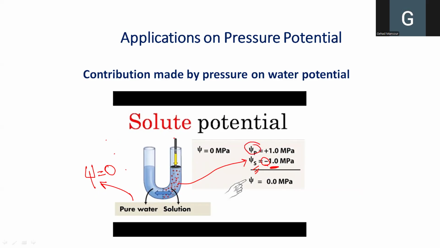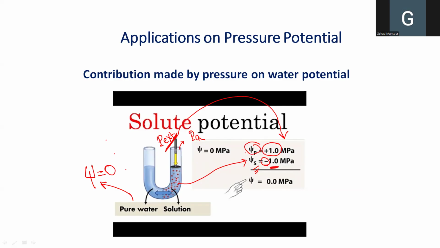The pressure potential is supposed to be 0 because the container is open to atmospheric pressure. But actually, why is it positive and not 0? Because although the test tube is open, we are applying external pressure to the surface of the liquid, and that external pressure made the pressure potential be not 0 but +1. So +1 minus 1 equals 0.